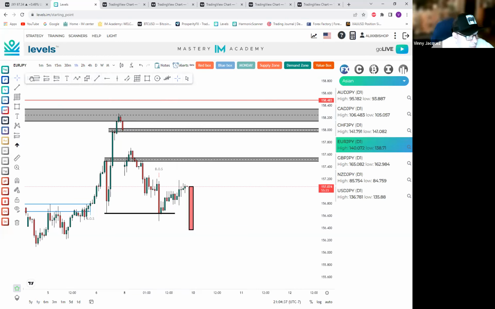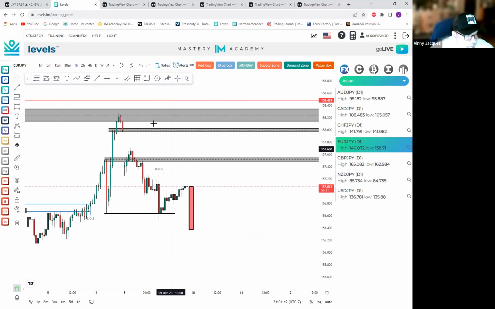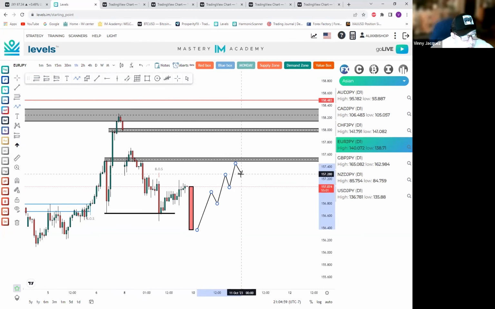It's looking pretty good. We haven't even got a breakout yet, technically, but that's inside the 79 and 88.6 area.